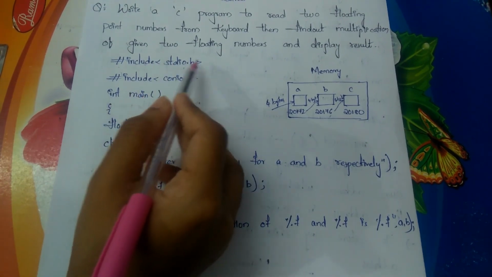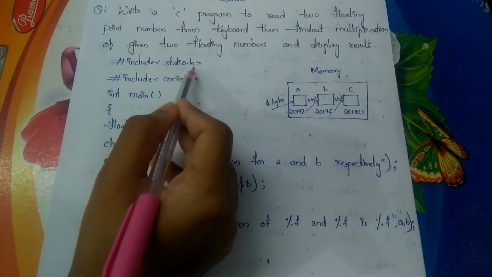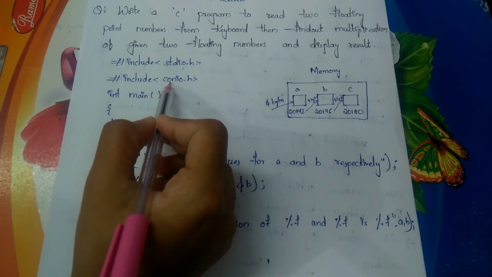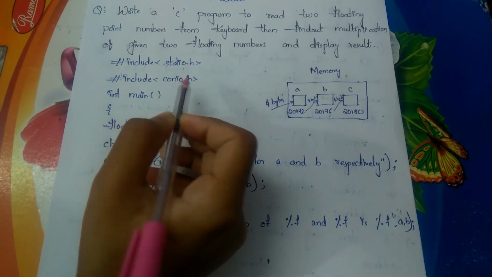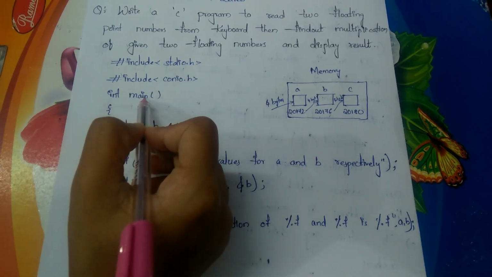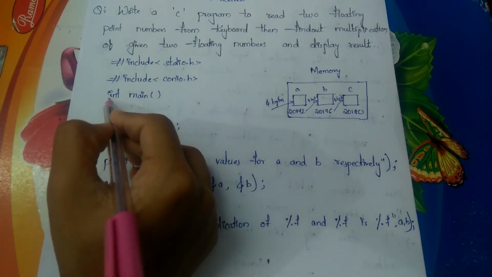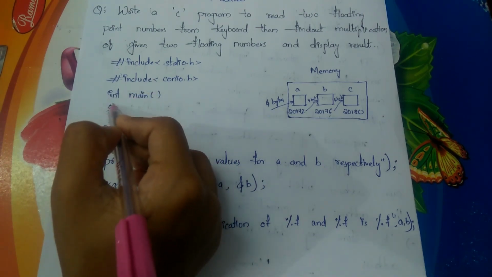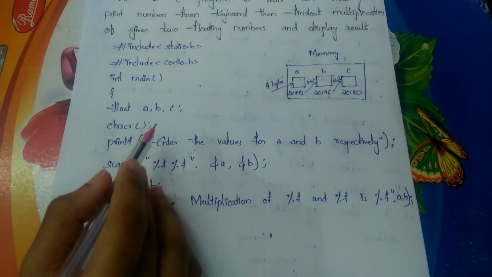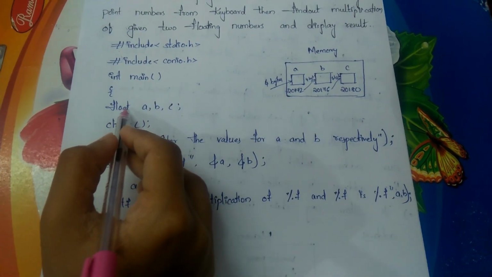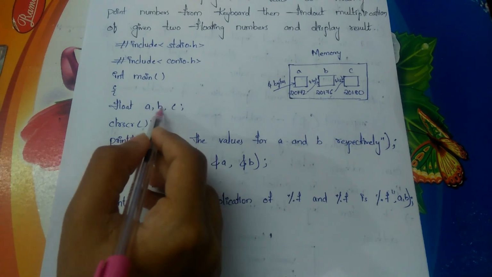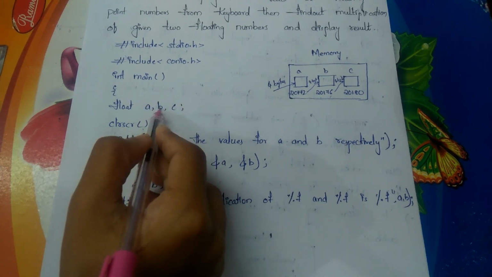#include <stdio.h>. So I am including a header file. Next I am including the conio.h header file. Then int main. We know that scanf, printf and all these return an integer value, so compulsorily we use int, and open brace. Then float. Now I am declaring some variables a, b, c. a and b are the inputs.